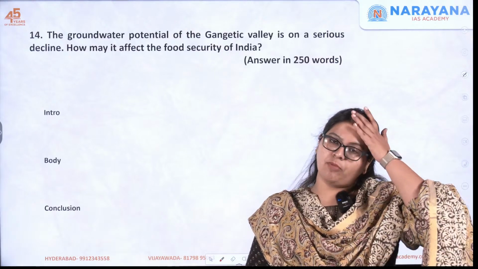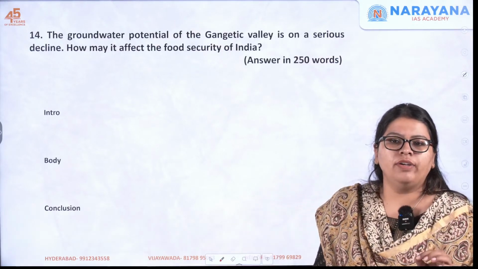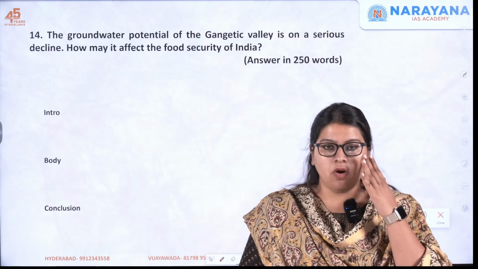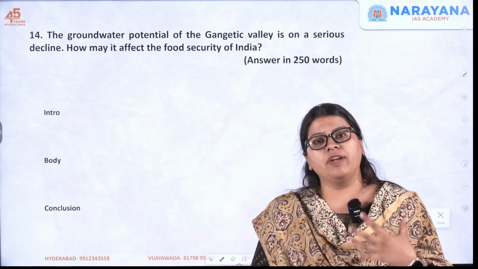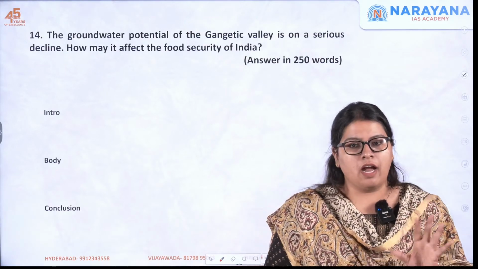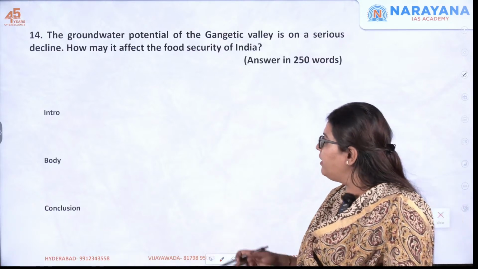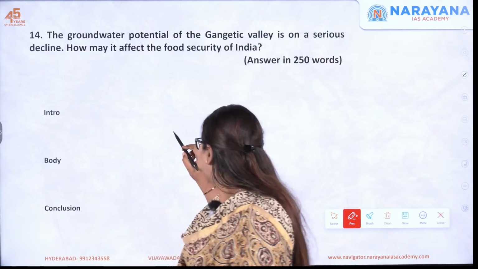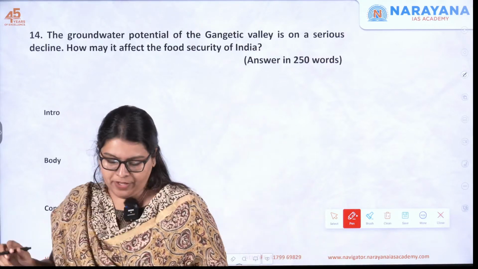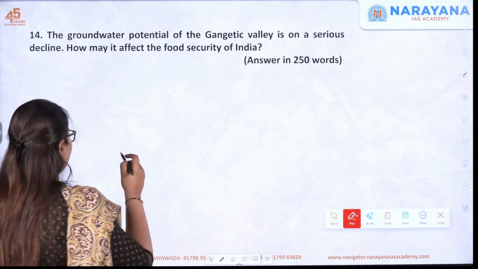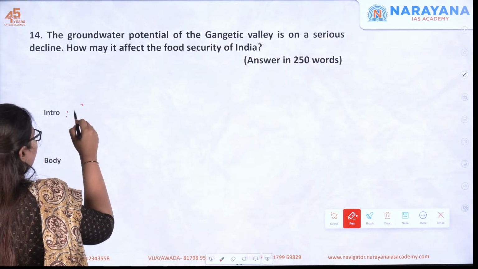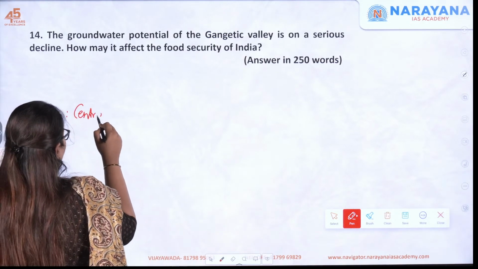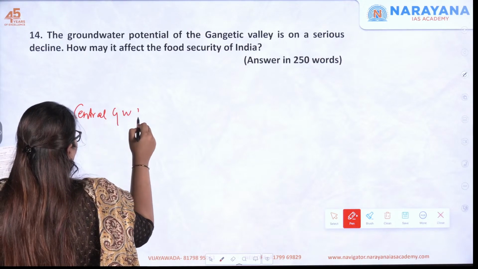Based on that, it is important for all of us to note down the characteristic features or the situation of groundwater in different parts of the country. So here in the introduction, you can talk about the recent report by the Central Groundwater Authority.